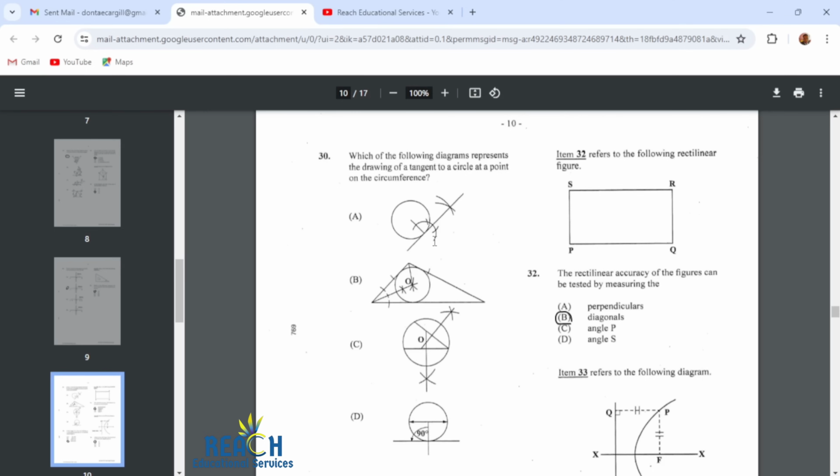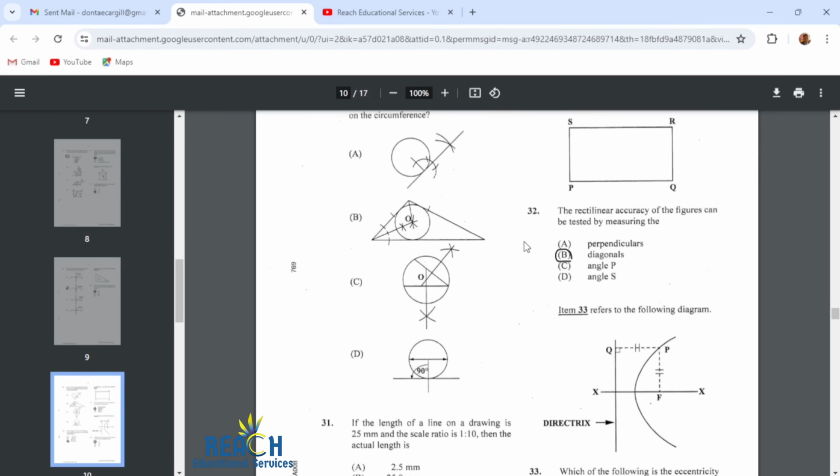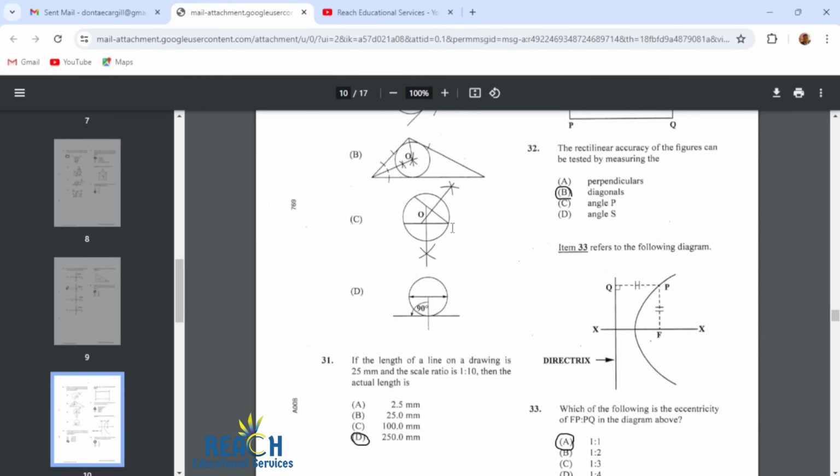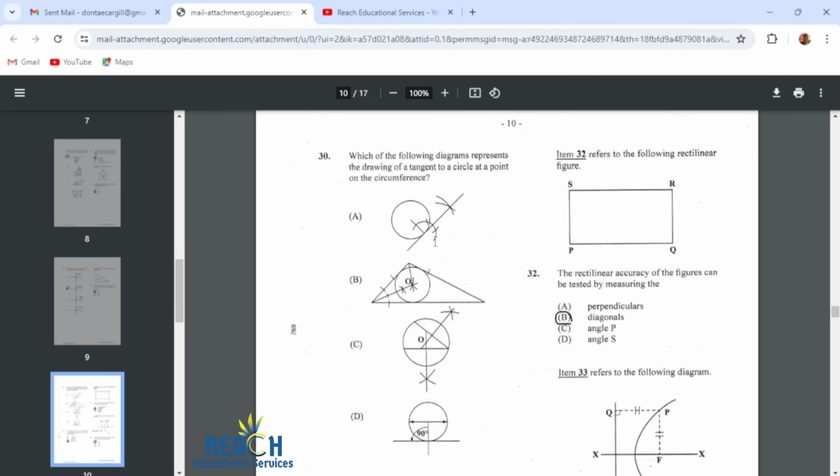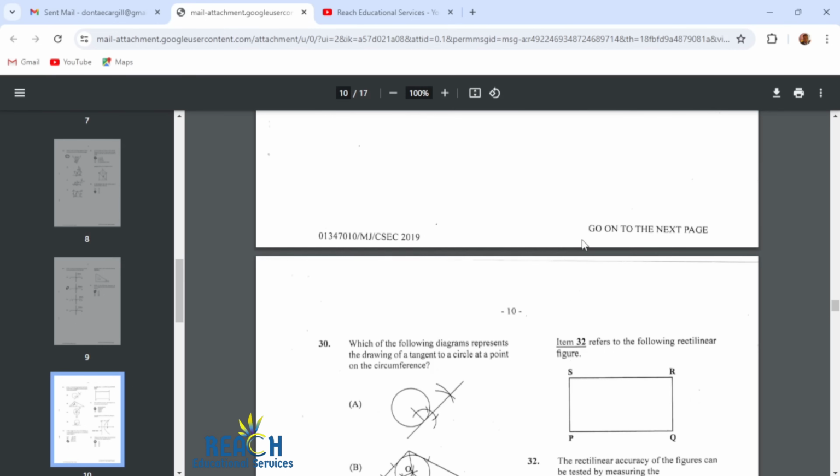Then we're going to end up with that arc. We bisect that and then we get the tangent. So the answer is A. It's not B or C, nor would it be D. So the answer is A.